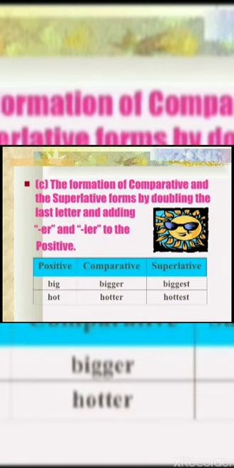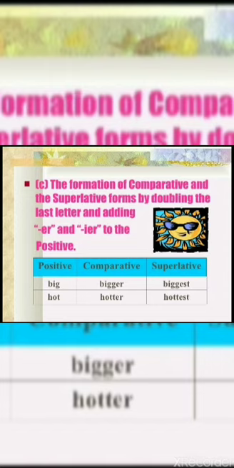The formation of comparative and the superlative forms by doubling the last letter and adding er and est to the positive. Now, we have to double the last letter and either we have to add er or est to the positive degree and it gets converted to the comparative or the superlative.